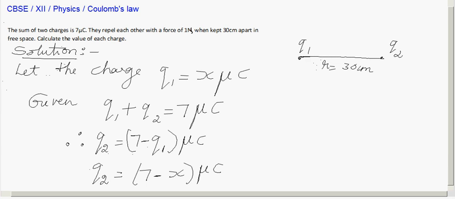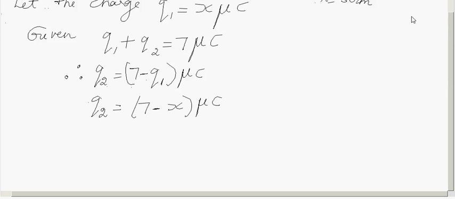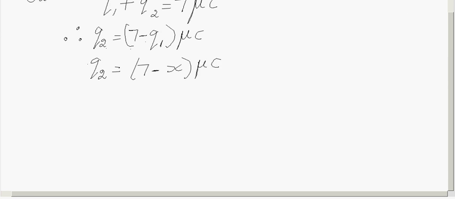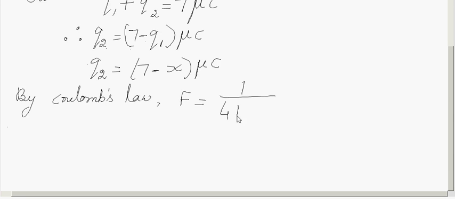Now the force is also given. We know by Coulomb's law, we can write F is 1 by 4 pi epsilon naught Q1 Q2 divided by R square.